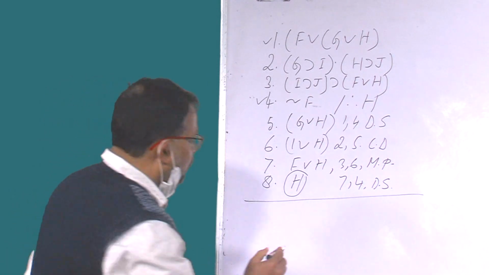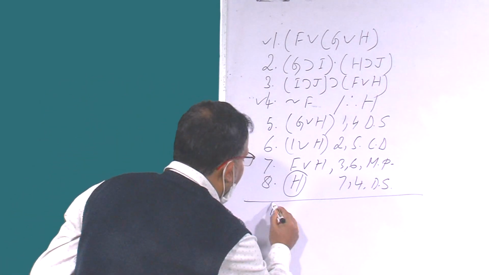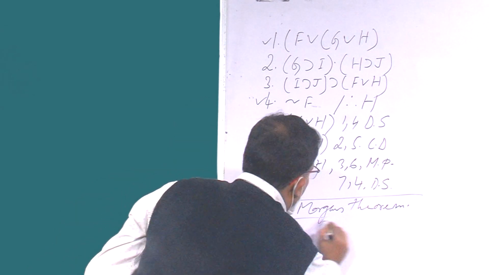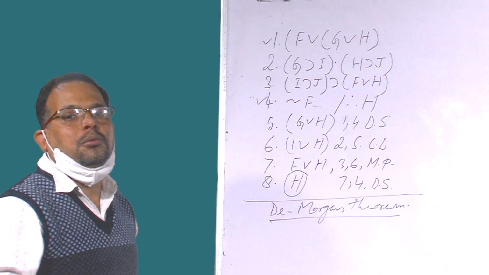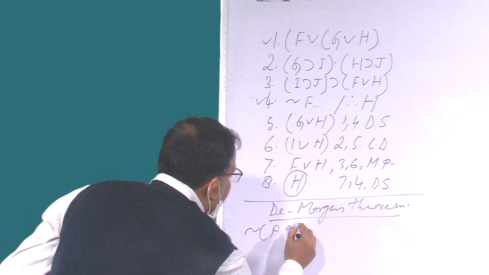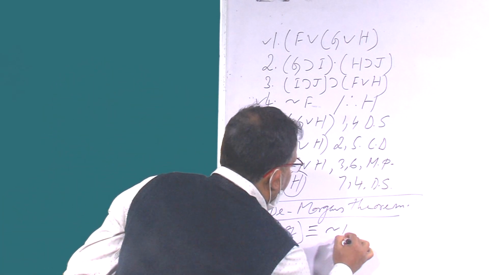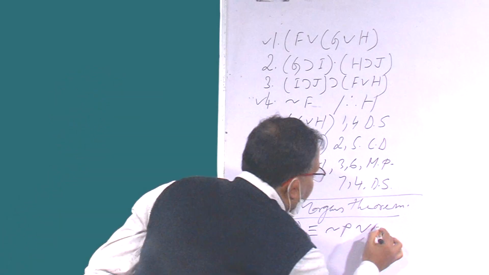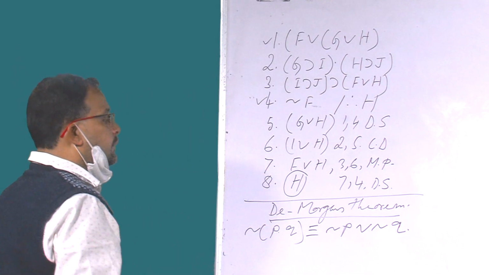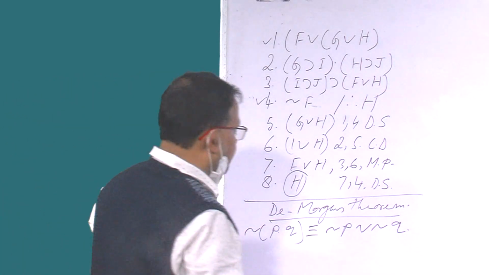Now we have to show the logical form of De Morgan's theorem. The logical form of this rule is negation (P dot Q) equivalent to negation P vel negation Q.